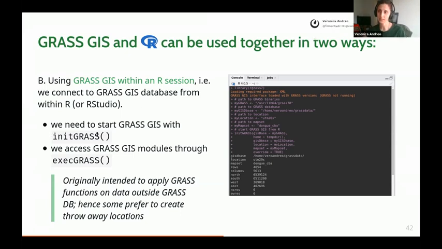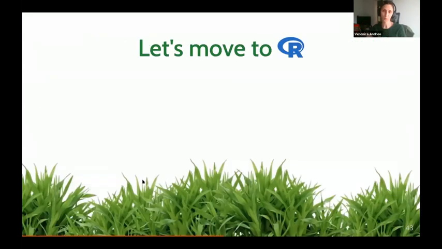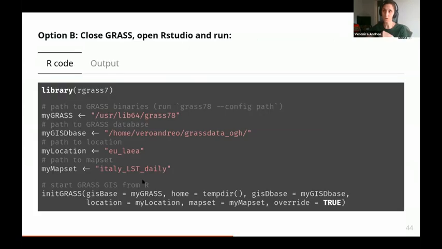And here, indeed, we need this initGRASS. This was, according to Roger, originally intended to just apply GRASS functions on data outside the GRASS database. So some people prefer to create throwaway locations here, but I really like to use GRASS from R in this way, and this is what I will show now.